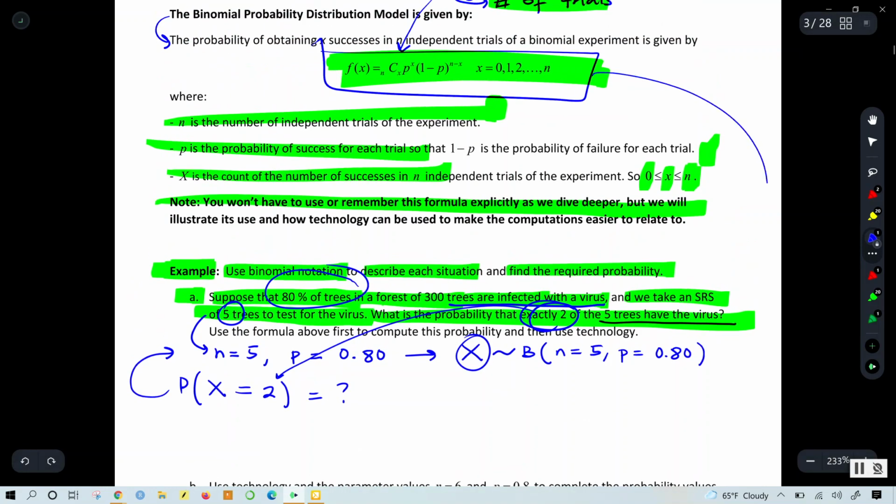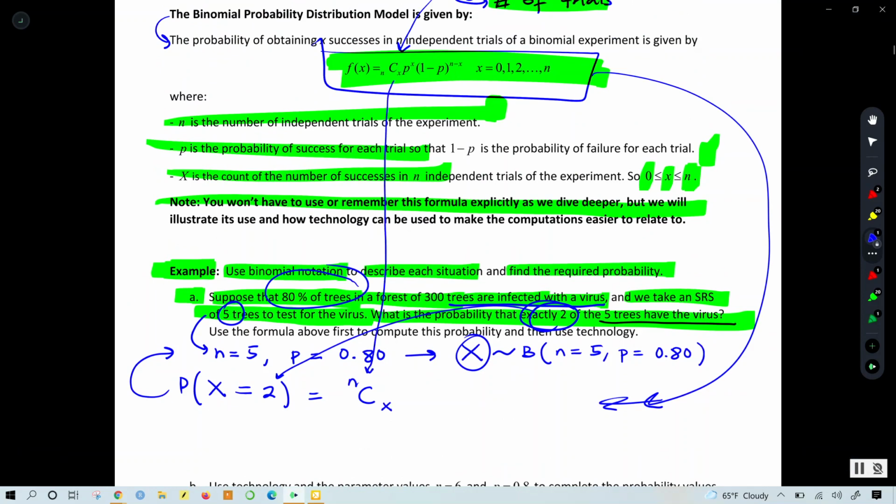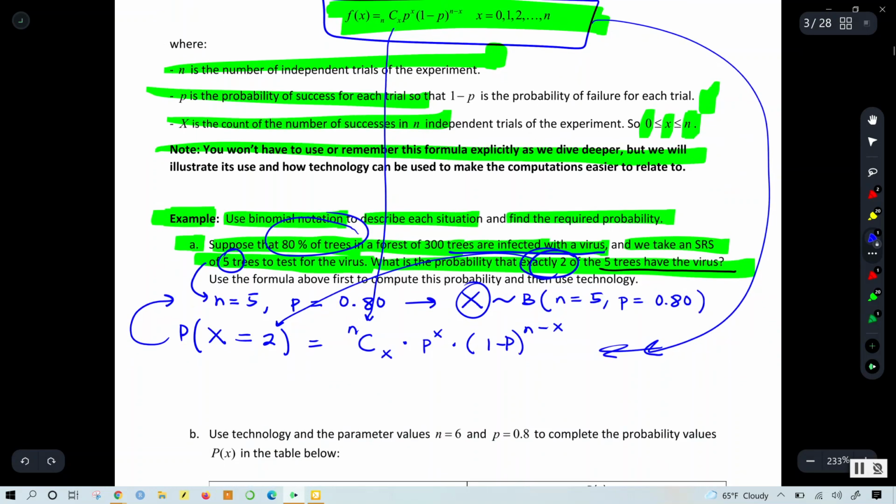Since that is so, I can use this formula, which I'm going to write here: n combination x, multiplied by p raised to x, multiplied by 1 minus p raised to n minus x. The next step is to replace n with 5 and p with 0.80.